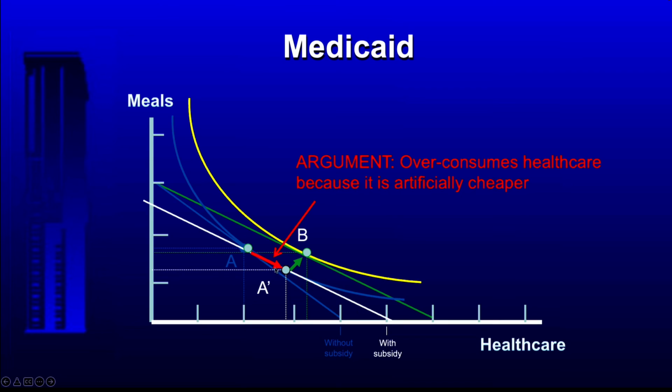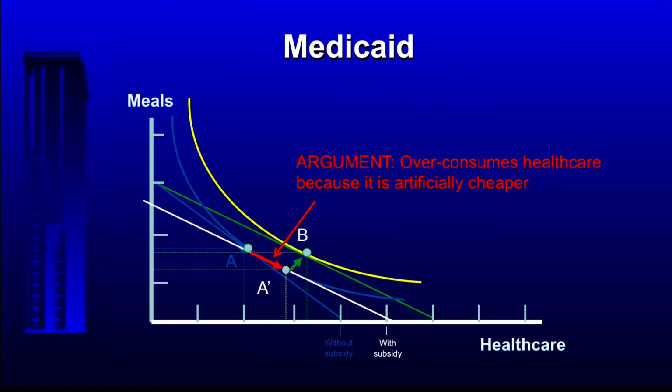What that will do is cause the consumer, through the substitution effect, to simply consume more health care because it's now relatively cheaper. And you'll find all kinds of arguments that this is inefficient, because we are making health care relatively cheaper, people are going to consume more than an efficient amount of it.